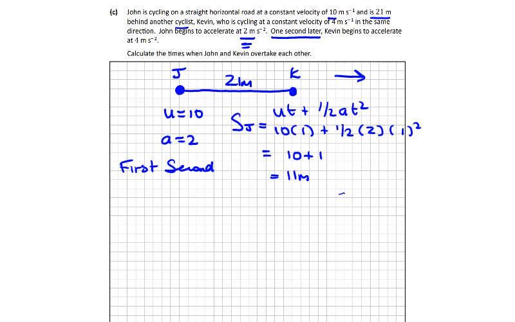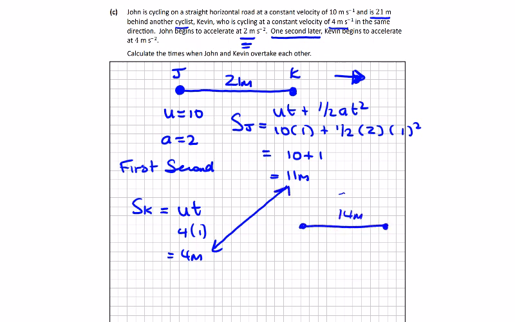In the first second, Kevin has no acceleration, so it's just ut. His initial velocity is 4, and he's going along for 1 second, so that's 4 meters. So he has made up 7 meters, so he is now 14 meters behind John.